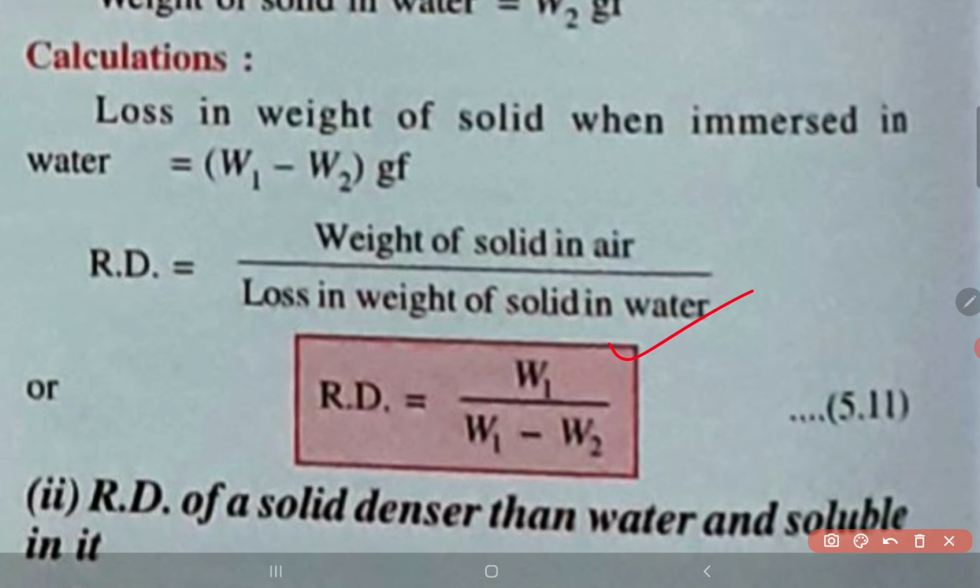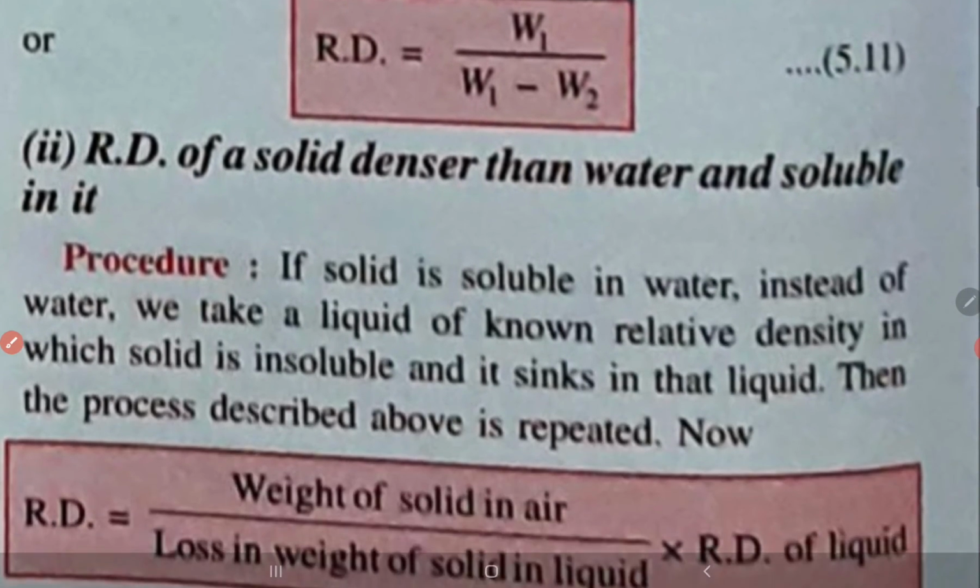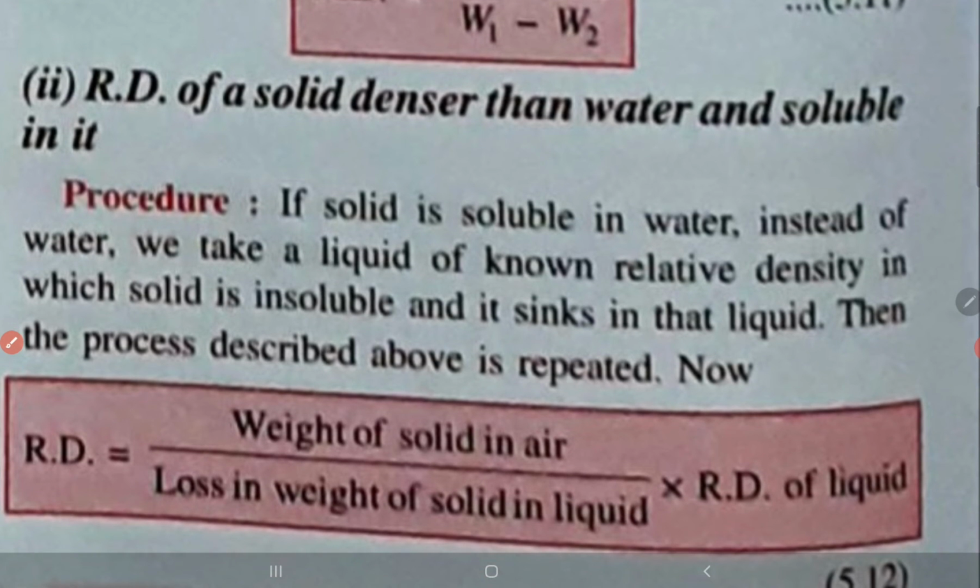Now we can go to the second condition where the solid dissolves, for example a cube of sugar. When you put it inside water, it will dissolve. If it dissolves, I cannot take out the weight. So how to go about that problem? The procedure will be: if a solid is soluble in water, instead of water we take a liquid of known relative density, this is very important, in which the solid is insoluble and sinks.